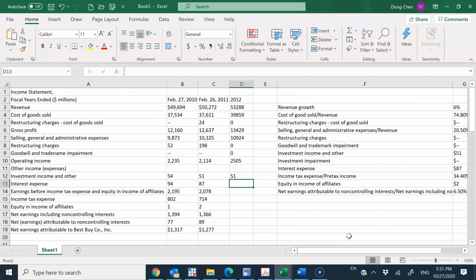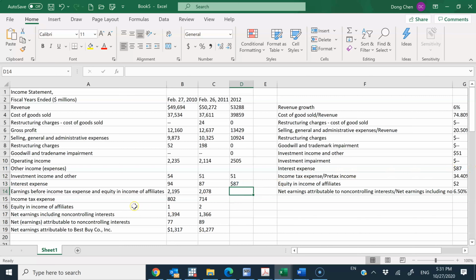That's a more complicated process than what we need to do here, because in this case interest expense is directly provided. It's assumed to be the same as last year's number. So we can just put that number here.